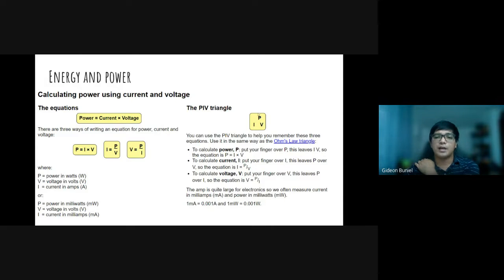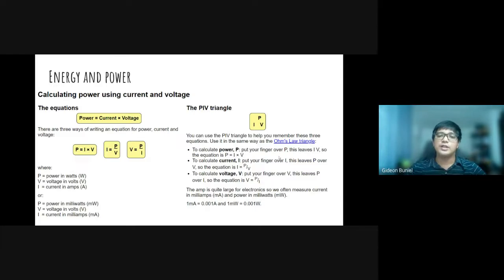The PIV triangle. You can use the PIV triangle to help you remember these three equations. Use it in the same way as the Ohm's law triangle. To calculate power, put your finger over P. This leaves IV.